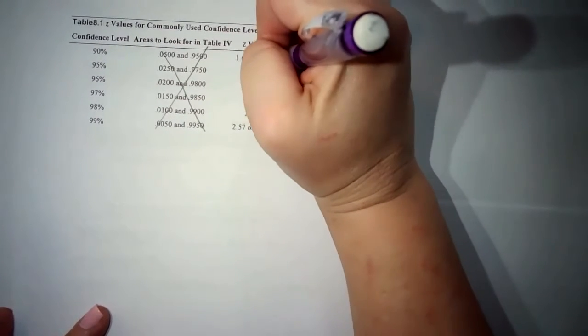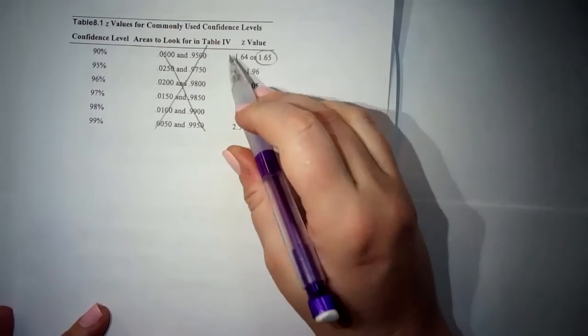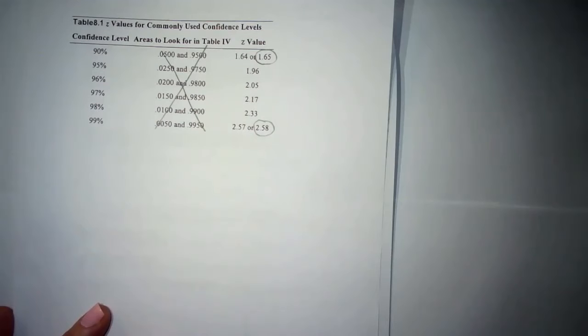Now, I know for 90, it gives you a choice, and for 99, it gives you a choice. Wiley likes the bigger version of each of those. So circle these two or cross the smaller ones out, whatever you want to do, but those are the two we want to use. So in our formula, you're going to have a z. You're not going to use your calculator to find z. You're not going to use a z chart to find z.